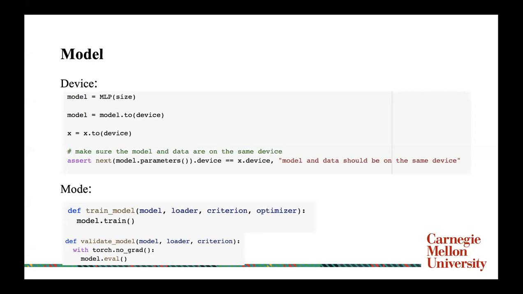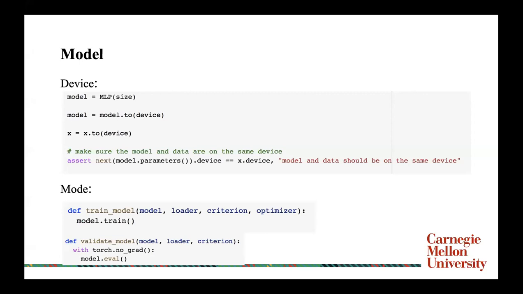Beyond that, another thing to mention is the gradient computation in PyTorch. You must put all evaluation code in the context of torch.no_grad to truncate the backward propagation.